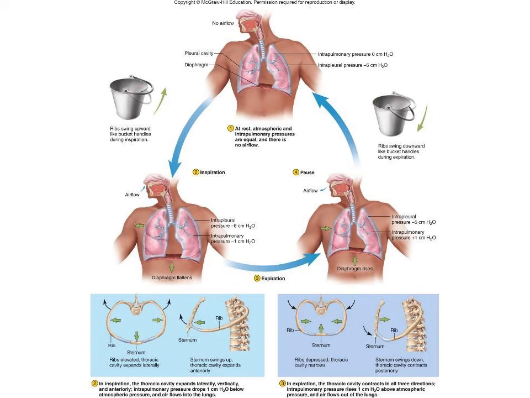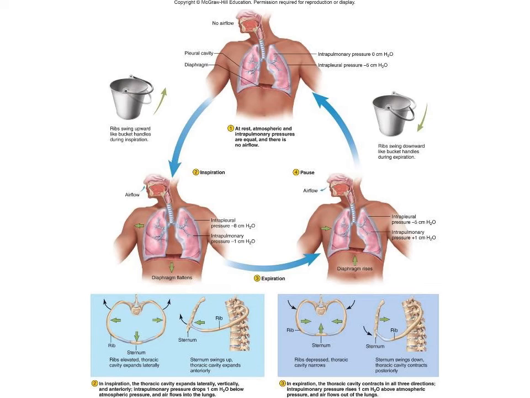All right, so now let's talk about how your pressures are changing during a respiratory cycle. So we're going to pose a scenario where we are just prior to an inspiration. Okay, so we are just before a respiratory cycle. Just prior to inspiration, your intrapleural pressure is -5 centimeters of water.